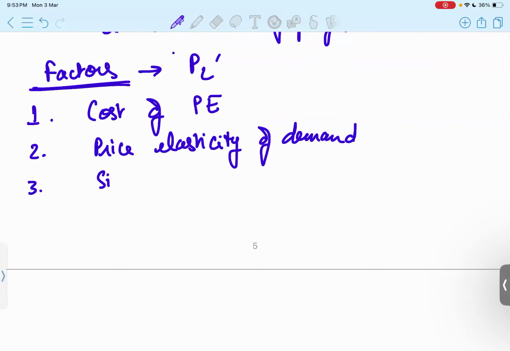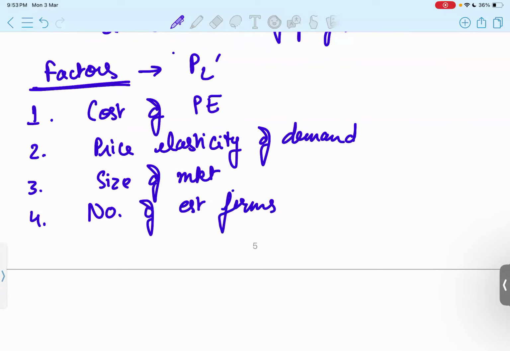Then the size of the market will also determine the limit price. Then the number of established firms in the industry, and then the long run average cost of production. All these factors combined together will determine the limit price in the market.